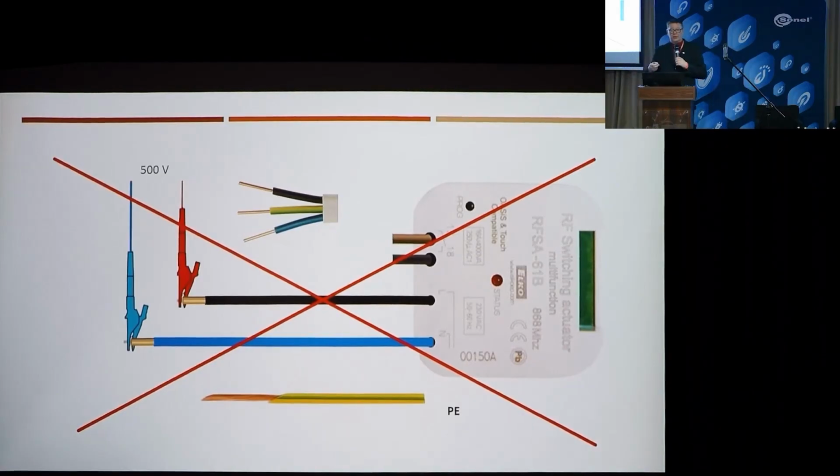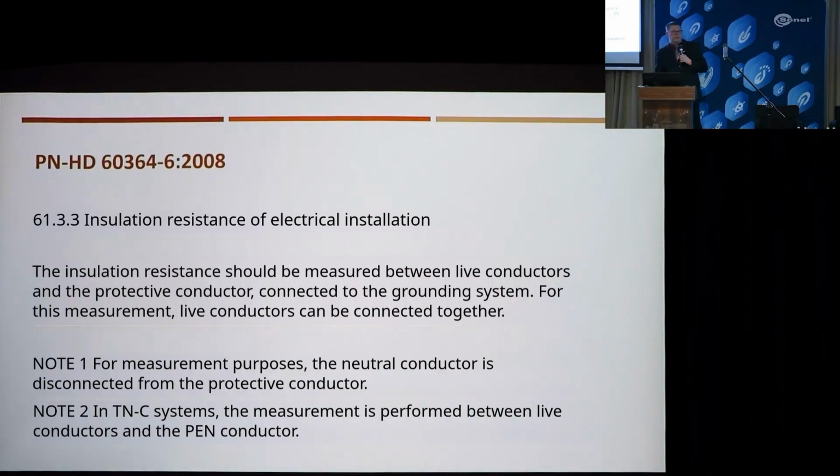So what do you do in that case? How should you approach it? Ladies and gentlemen, this is where the standard comes to the rescue as well. PN-HD 60364 Part 6, what I already mentioned. Insulation resistance can be measured if we short the live conductors together and take the measurement to the protective conductor.